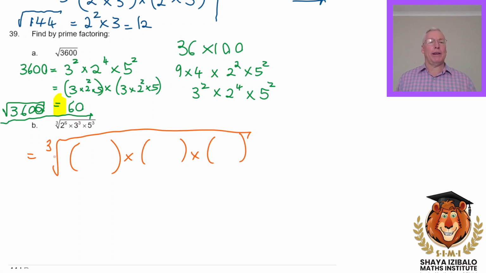What must I put in each bracket? How many 2's can I put in? I've got 6 to share. Well, I could put one, still got 3 left, another 1. I can put 2 2's in each bracket. All right, does it make sense? It always makes sense. Okay, I can also put a 3 in each bracket. And lastly, I can also put a 5 in each bracket.